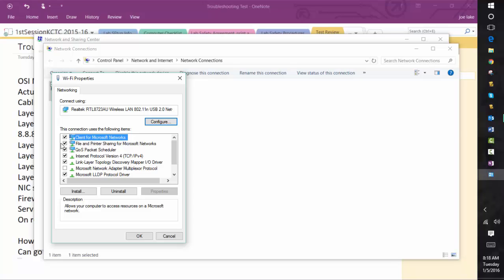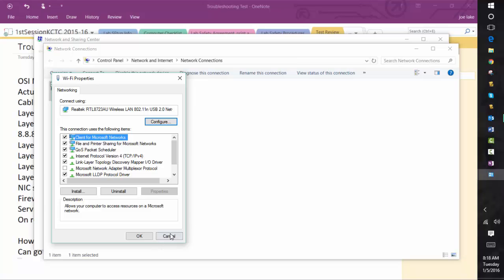So if I uncheck Client for Microsoft Networks, what would happen to a local file share? Microsoft file share anyway. It wouldn't work, right? Will I do that to you? It's a possibility. I'm not going to do all these things to everybody because that'd just be too much.